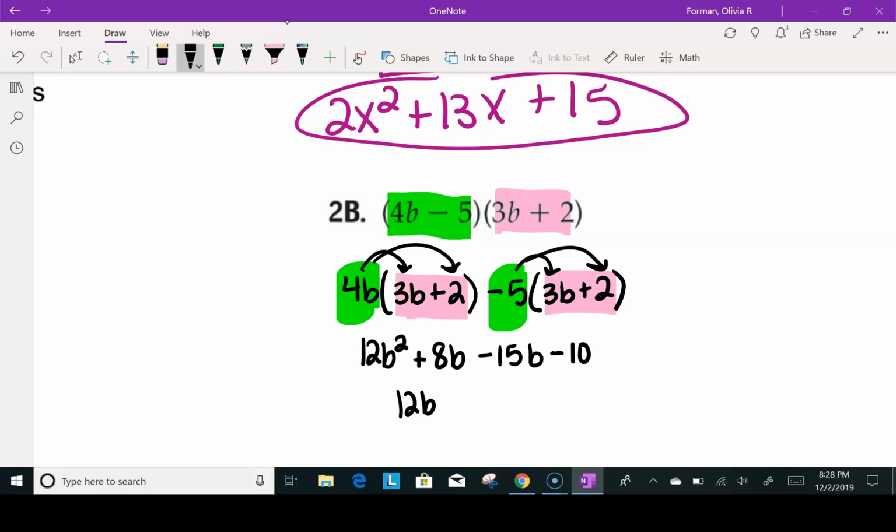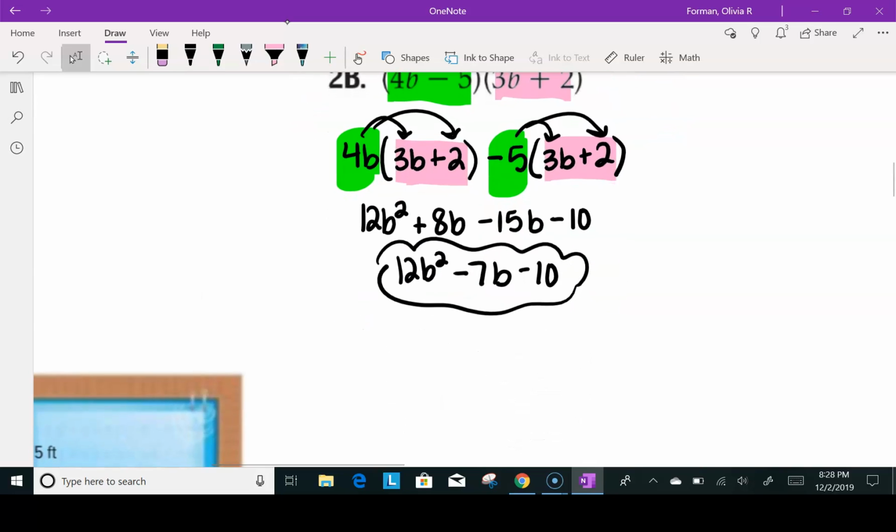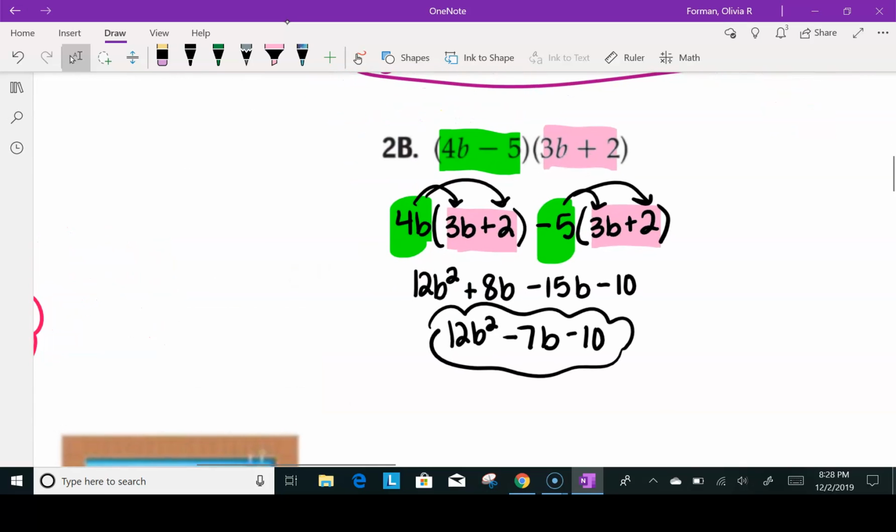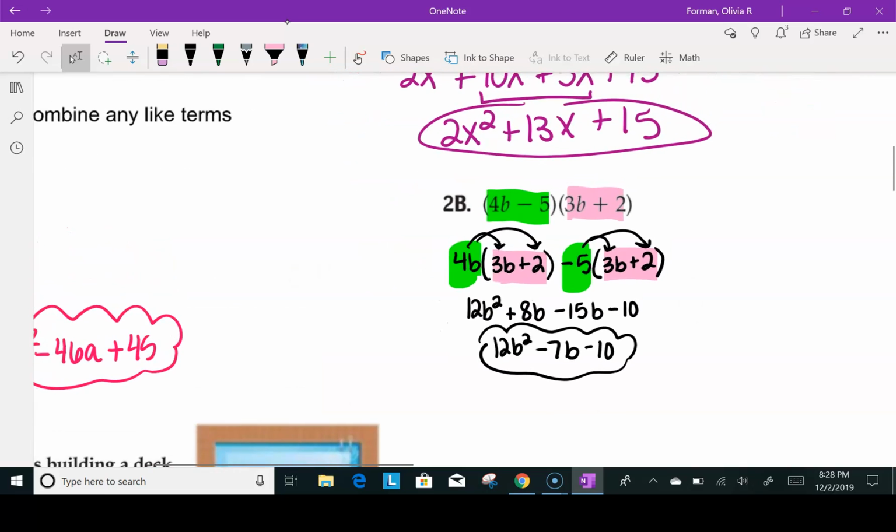Combine your like terms. So 8 minus 15, we get minus 7. And so your final answer is 12b squared minus 7b minus 10. Okay? So if you don't have that written down, make sure quick to get it.